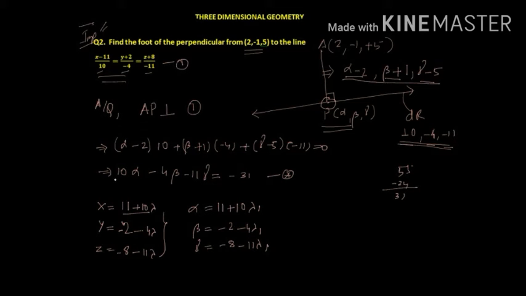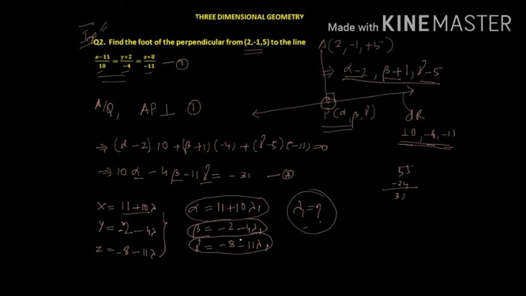Now all these three you put here because this is already a pre-existing result. Once you put these values, equation star will help you find the value of lambda. Once you get the value of lambda, putting it again here, you will be able to find the values of alpha, beta and gamma, and that in turn gives you the foot of the perpendicular. Please review the video many times if you are unable to get the concept, but I'm sure you will get it after two or three attempts, right?